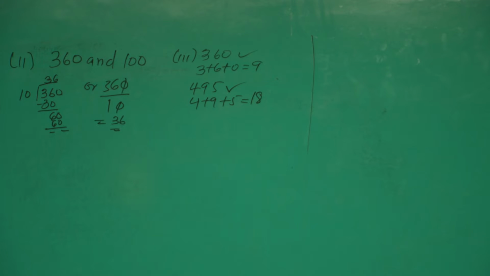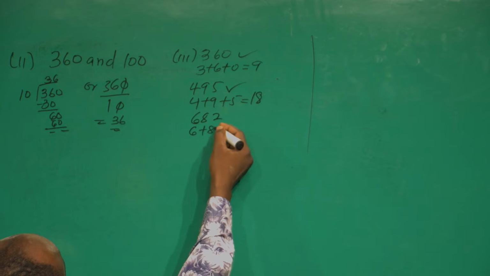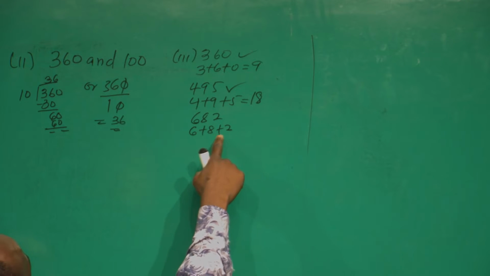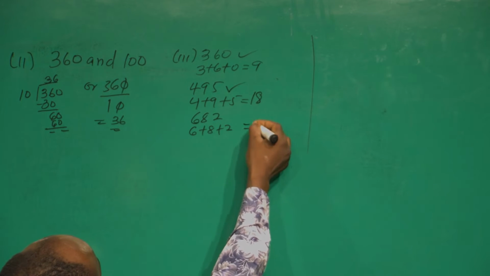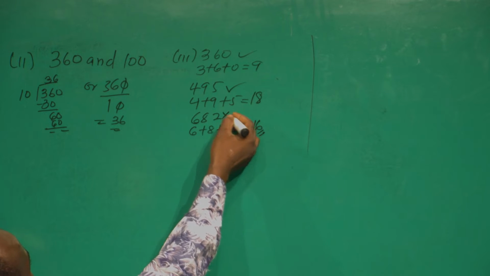Then you take 682. 6 plus 8 is 14, plus 2 is 16. 9 can't go into 16, so it's wrong.